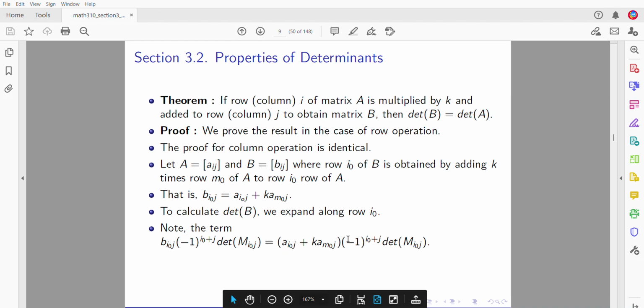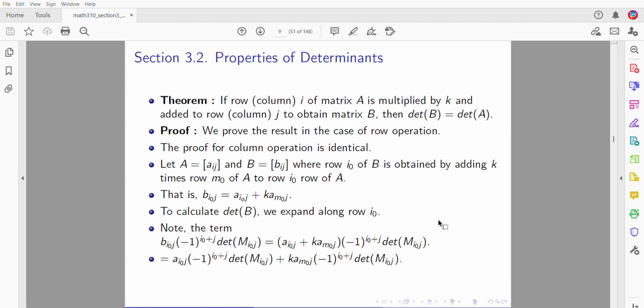Now notice A I naught j, you can distribute this quantity here. So this multiplication distributes to each term. The first term is I naught j cofactor for A. And the second term, notice A M naught j.